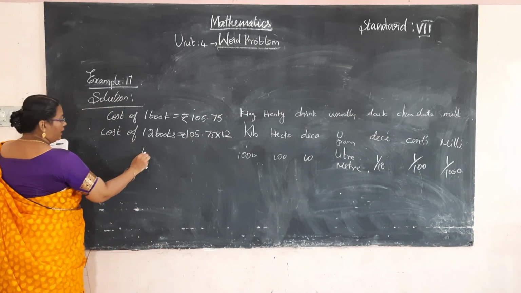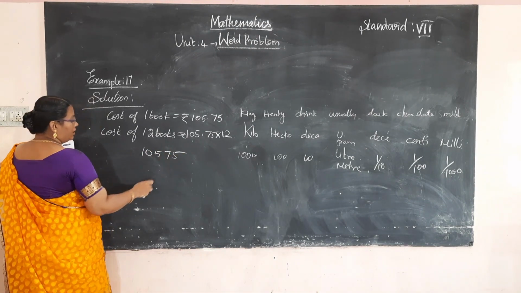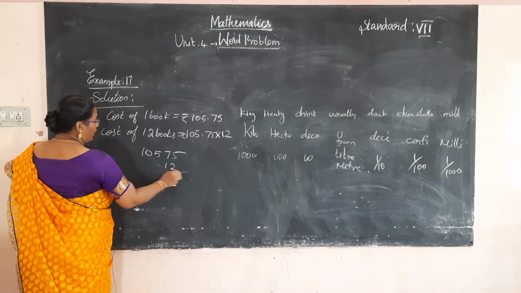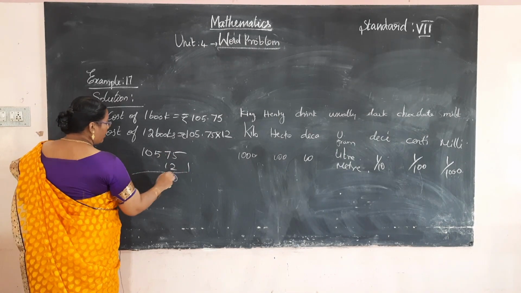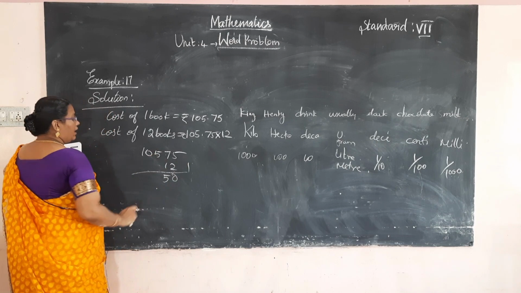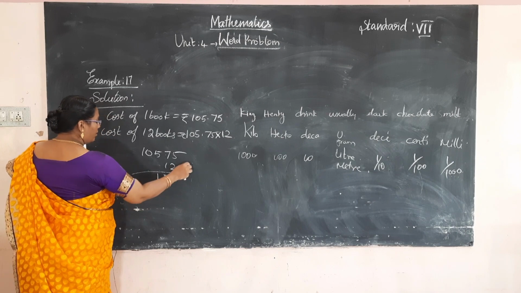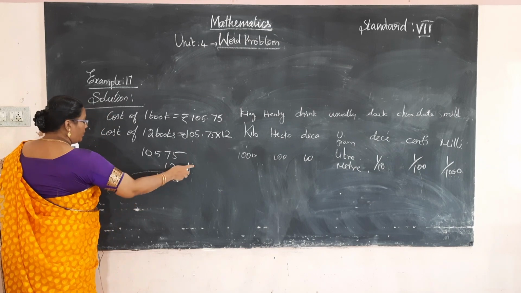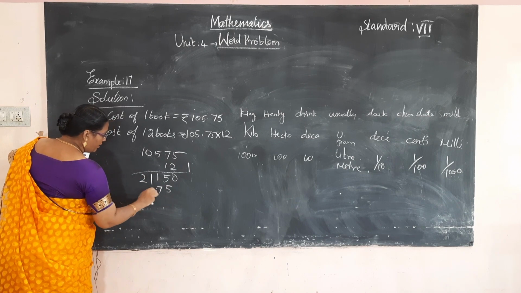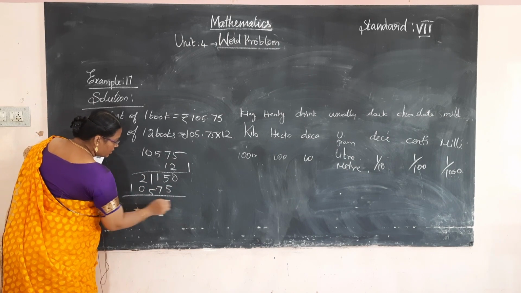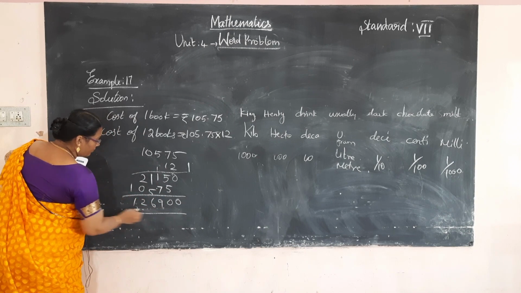So multiply. 2 fives are 10, 1 carry, 2 sevens are 14, 15. 2 fives are 10, 11, 1 remains, 0 plus 1, 1 and 2. So the digits are 1, 2, 6, 9, 0, 0.